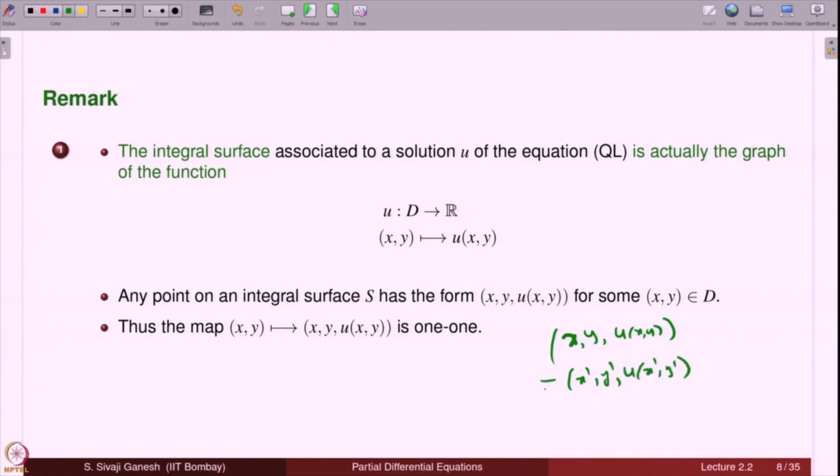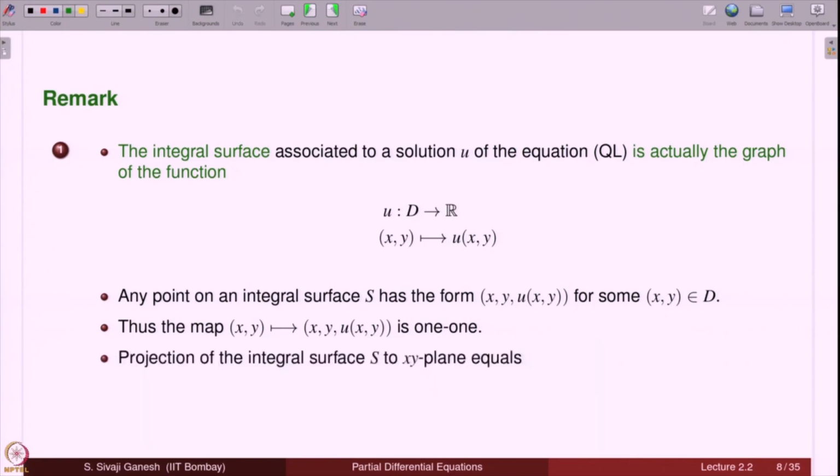They are different if x y is different from x dash y dash, because this itself is different. That is why the function is 1 to 1. Now, the projection of the integral surface to the xy plane equals D.